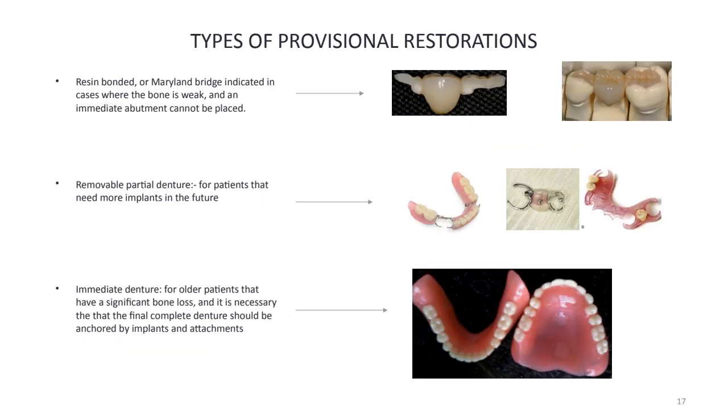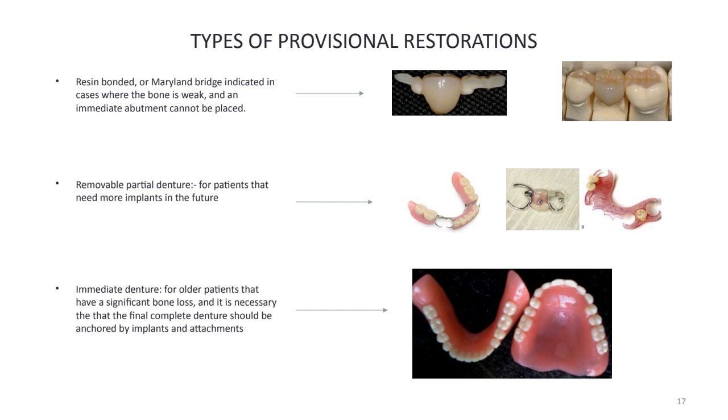Okay, different other types of provisional restoration, fixed and removable. On top we have the Maryland Bridge. In the middle of the slide, we have the provisionals, which are relatively easy to do. Also, if we don't want to put too much pressure on the implant during the osseointegration process, a flipper can be used.